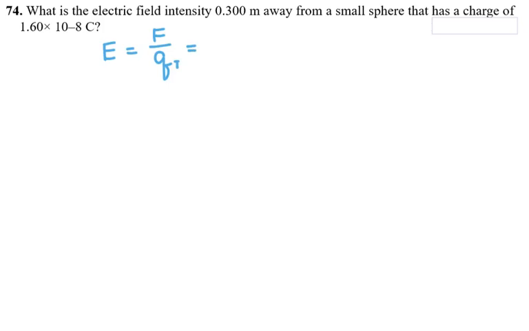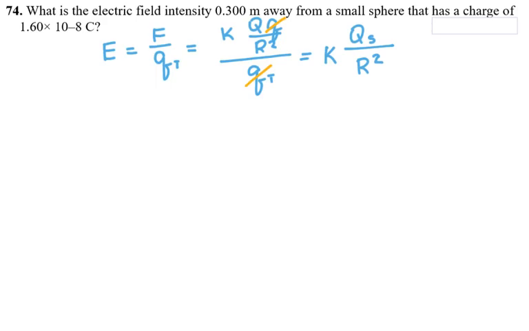There could be a source charge, and the electric force between the charges is equal to K times Q of the source, Q of the test, over the distance between them squared, divided by Q of the test. So Q of the test cancels, and what I have is Q of the source over the distance squared.